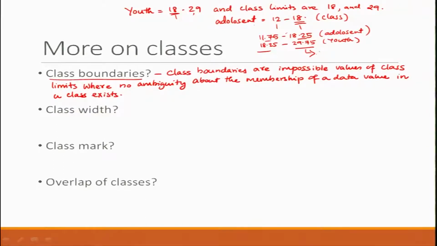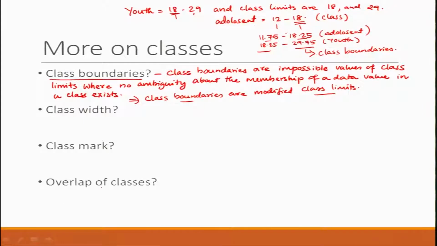So, these are called class boundaries. Class boundaries are modified class limits. When you do a frequency distribution, you do change class limits into class boundaries.